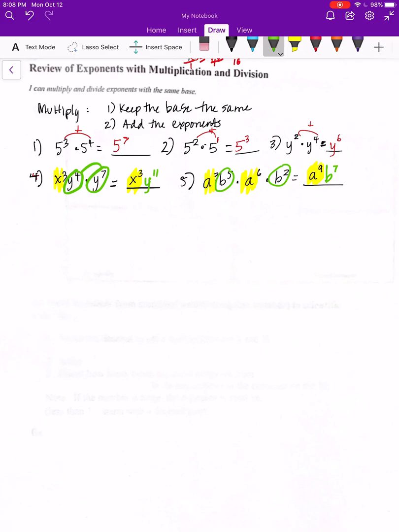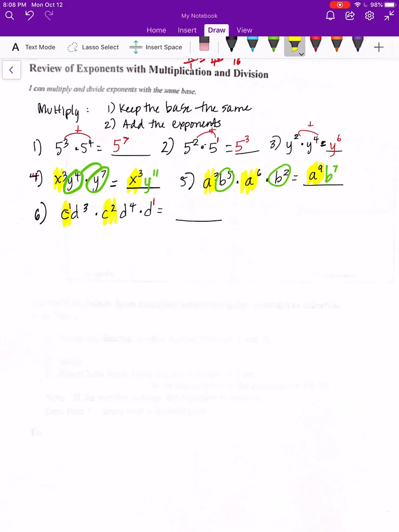Okay, last one. And then we'll move on to division. c d to the third times c squared d to the fourth times d. Remember, this is that ghostly Gladys, so if there's never an exponent, you can always put a 1 in there. All right, so I have c. Oh, there's another 1 in here. So c to the first, and then c to the second.